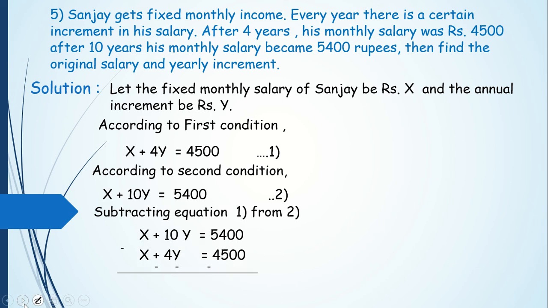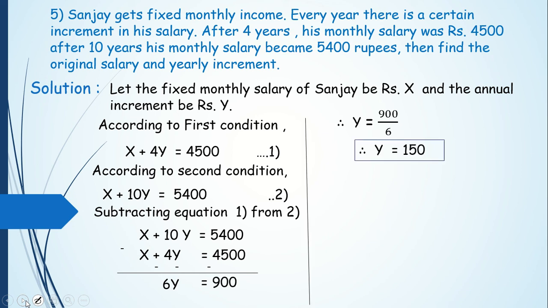When we subtract, the signs change, so x minus x gets cancelled. 10 minus 4 is 6, so that's 6y, and this is 900. Therefore y is equal to 900 upon 6, and therefore y is equal to 150. Now substitute this value of y in either of the two equations.